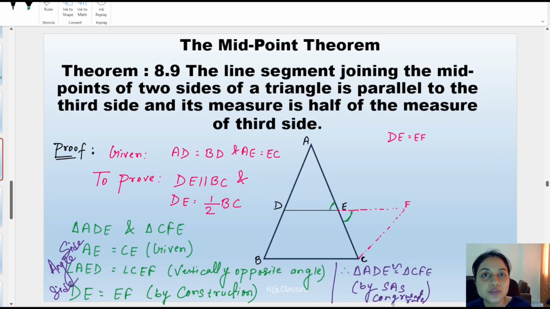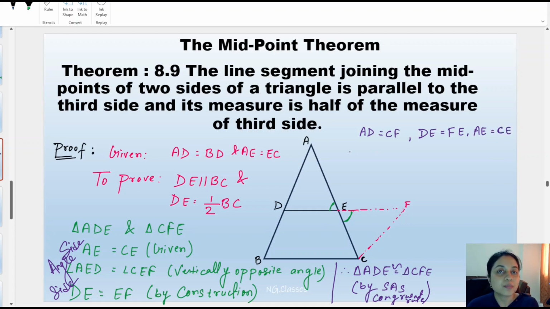Now, since these two triangles are congruent with each other, their corresponding parts must be equal to each other. Let's write the corresponding parts of these two triangles. Side AD must be equal to side CF or FC. Side DE must be equal to side FE. And side AE must be equal to side CE. Apart from that, angles will also be equal to each other.